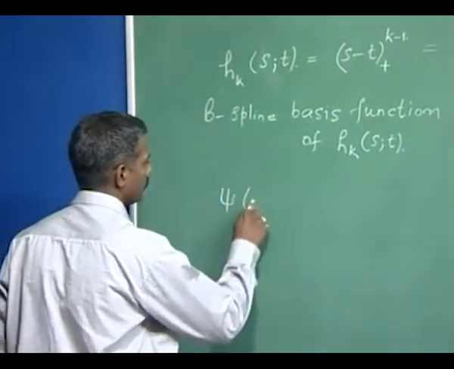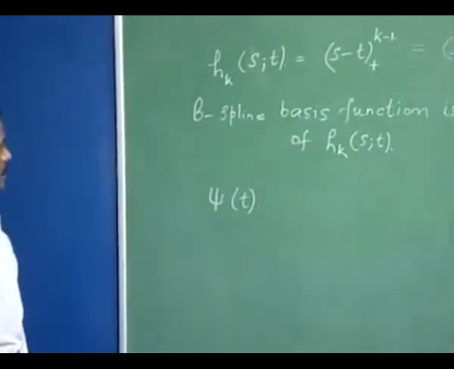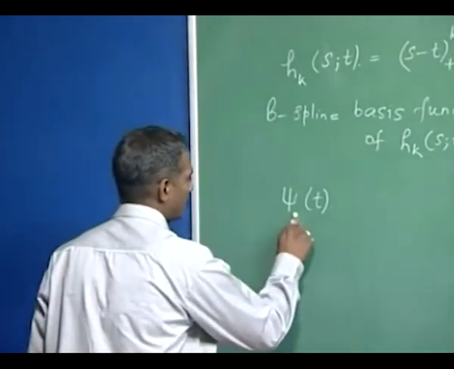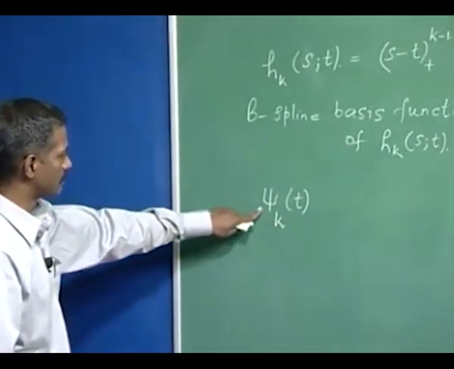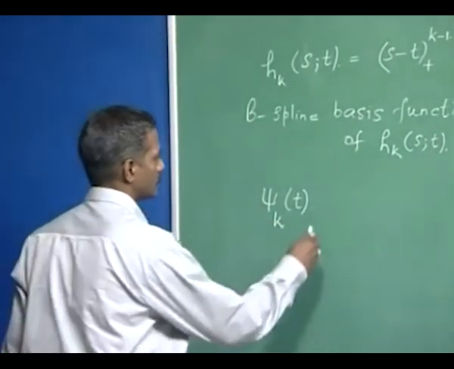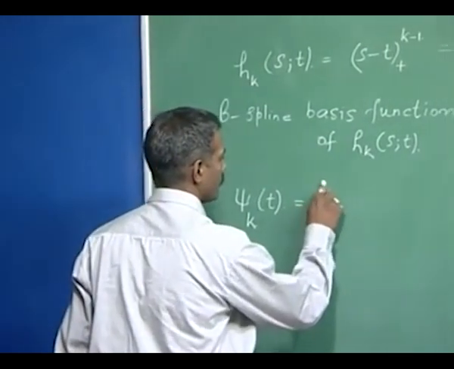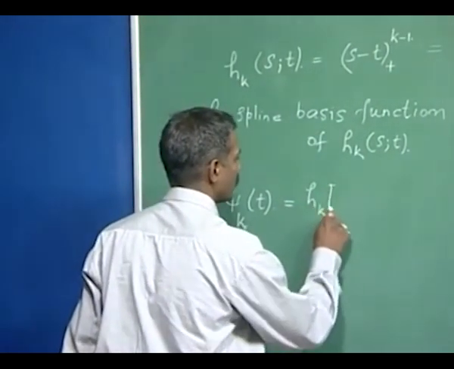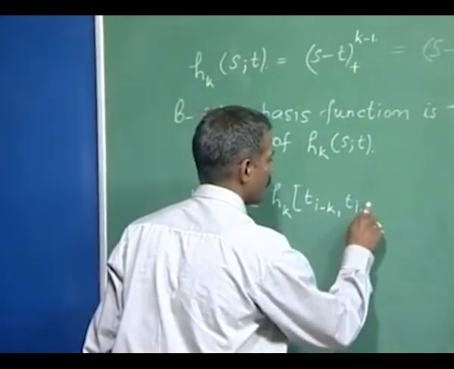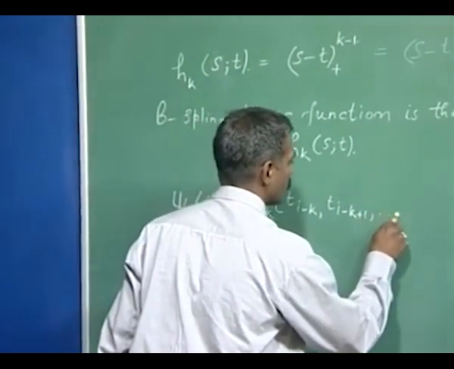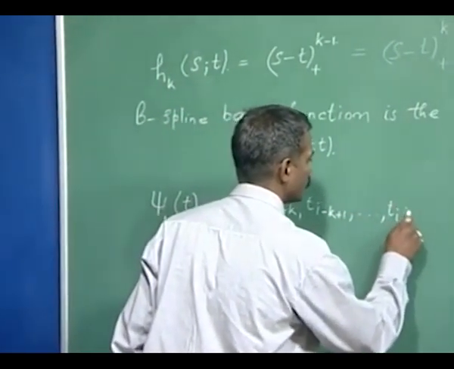Psi of t, and I'm going to be introducing a subscript here to represent the order of the B-spline basis function, is equal to h_k[t_{i-k}, t_{i-k+1}, up till t_i; t].